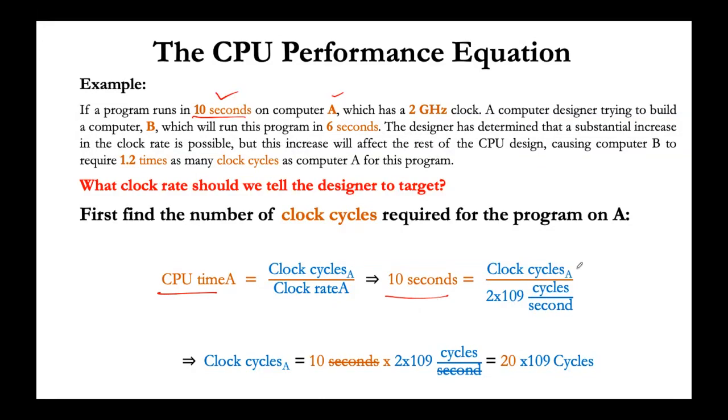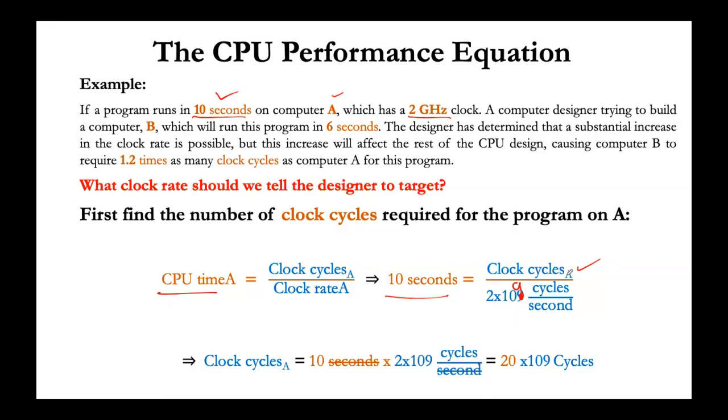So 10 seconds is equal to clock cycles divided by the clock rate, which is given as 2 GHz. This 2 GHz will be written as 2 into 10 to the power of 9, that is cycles per second.